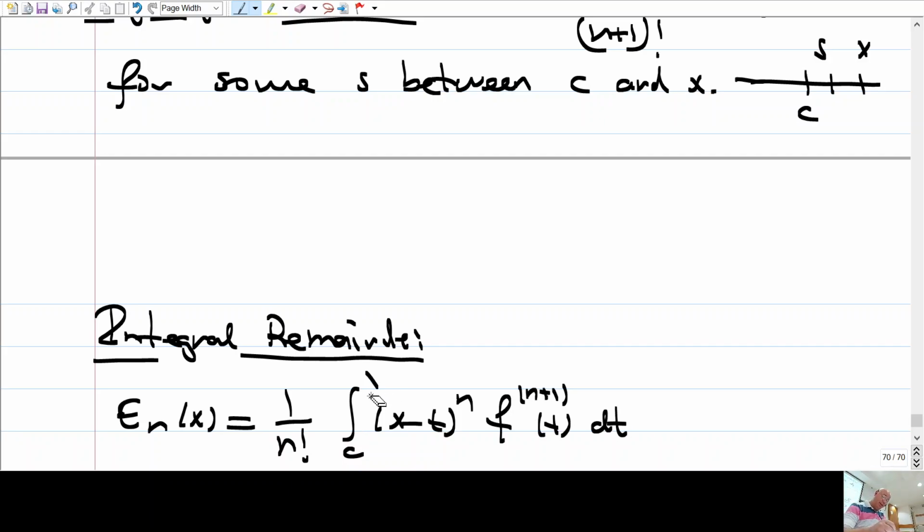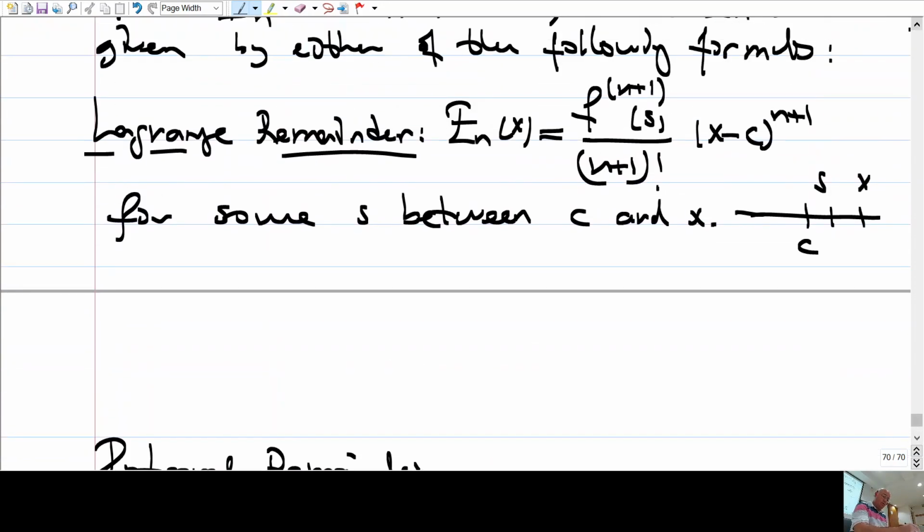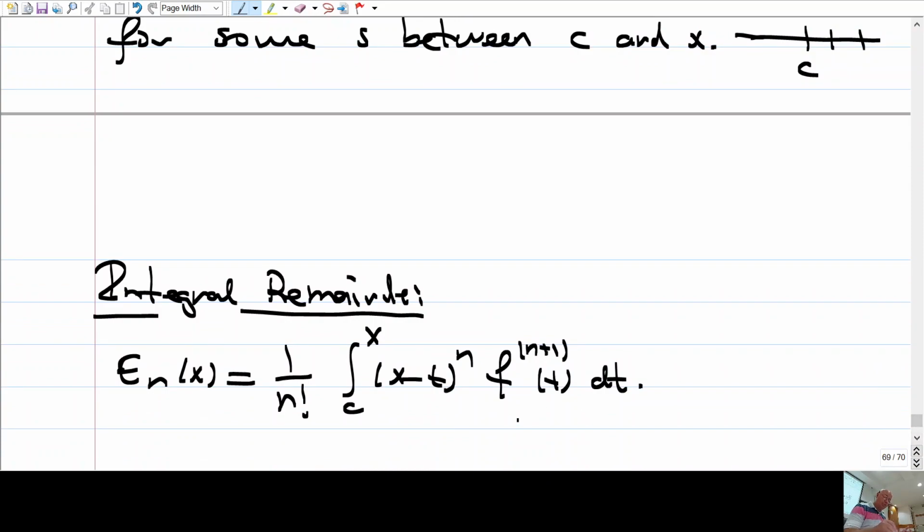Now you integrate this function with respect to t, x minus t to the power n, and then you have this. Okay, this is called integral remainder. Here you don't have any extra s value. Okay, the Lagrange form tells us there is some s so that this is equal to this gadget. This is maybe more straightforward. You just integrate this expression from c to x. Okay.